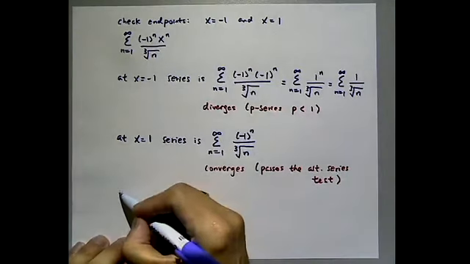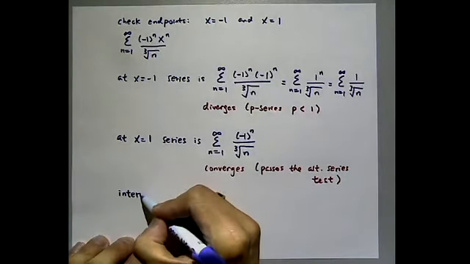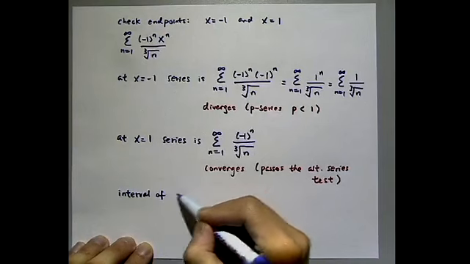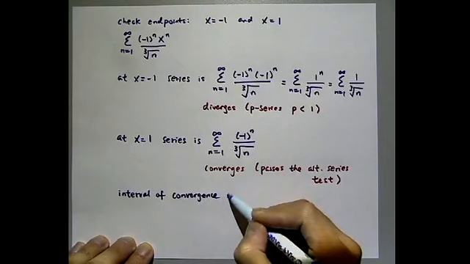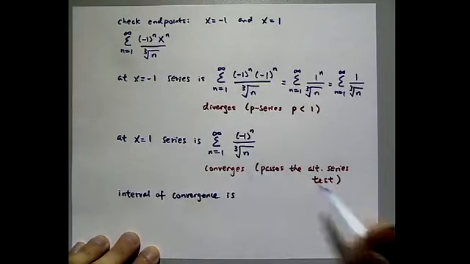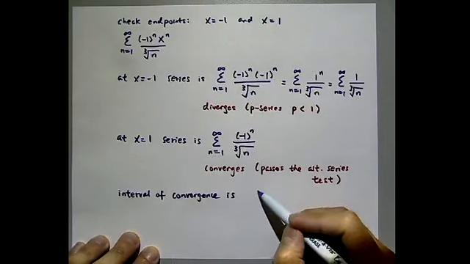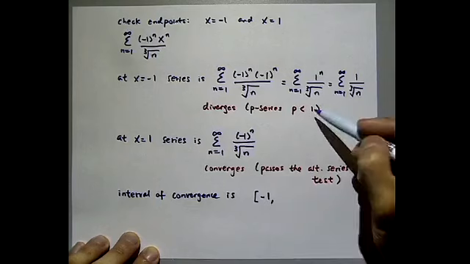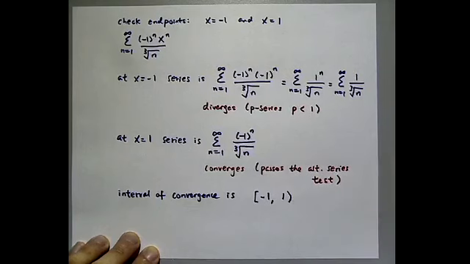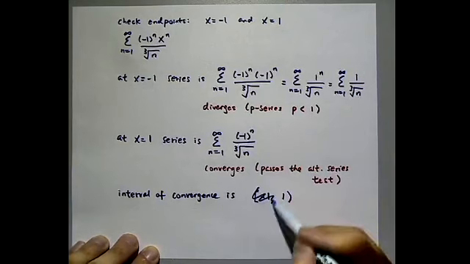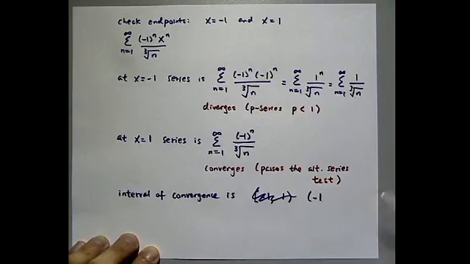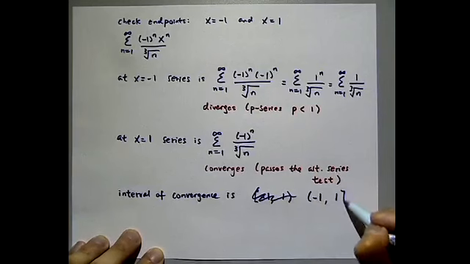So we say that the interval of convergence is minus 1 inclusive to 1 not included. The other way around. Oh, that's right. Oh, what am I doing? Minus 1, don't want it. 1, want it. Good. Thanks.